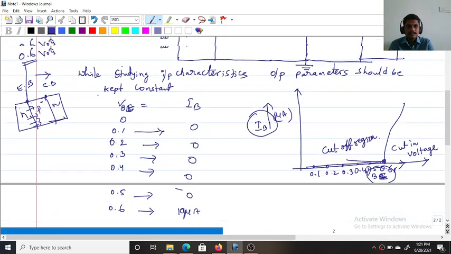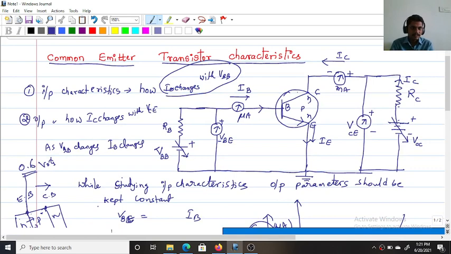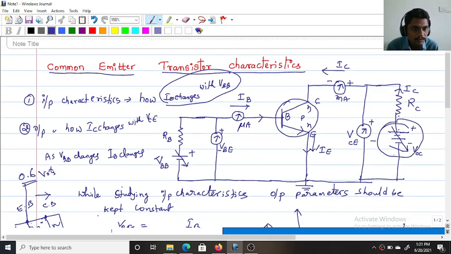This VCC provides a large voltage. Why? Because it is connected in reverse bias. Reverse voltages are large so that they can collect the charge carriers. So these reverse voltages are very high, so I represented a big battery here.